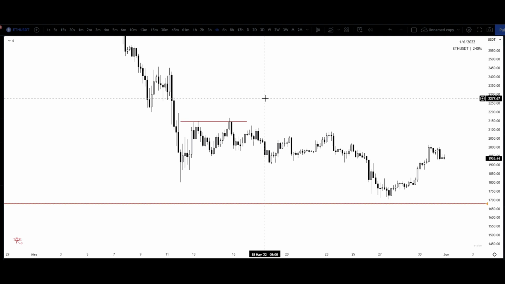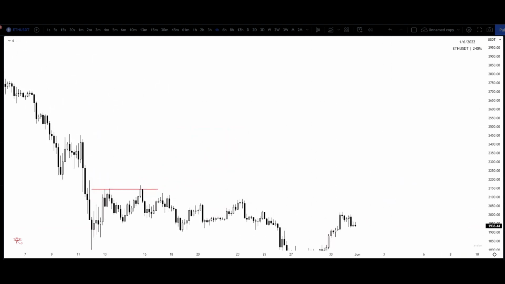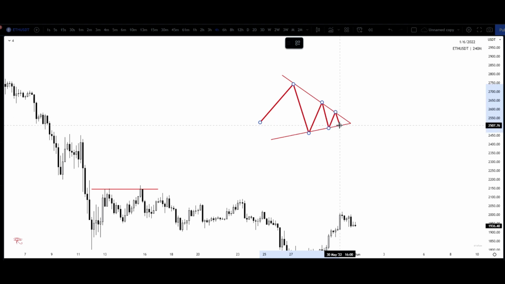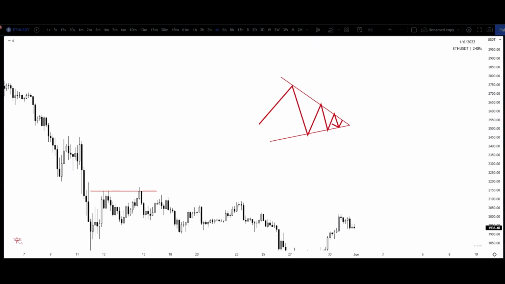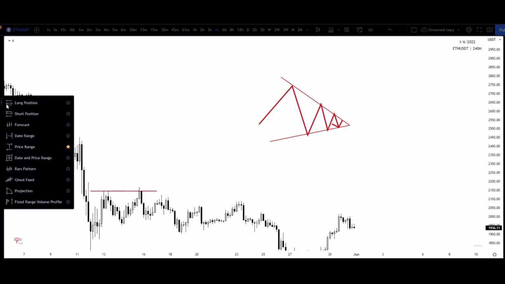What this means is there are traders, right, trading a wedge, right? Price is moving up and down within the wedge, everything is going good, right?